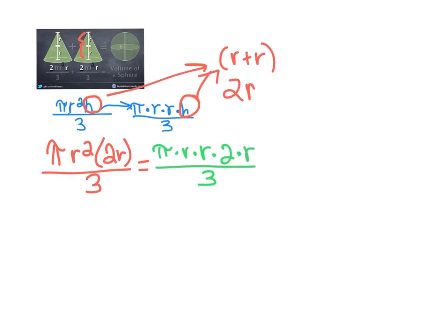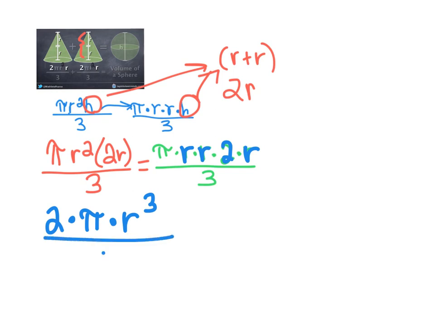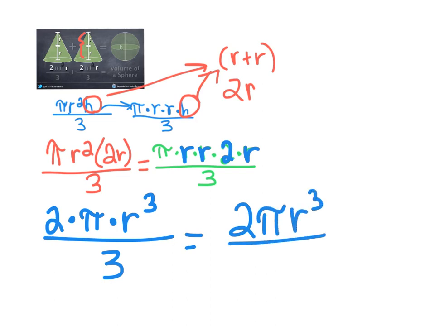We're going to choose the order where the coefficient, the 2, is in the front. So we have 2 times pi times, and then how many factors of r are being multiplied here? I have 3 of them. Remember our exponents. I've got 3 factors of r. That simplifies to 2 pi r cubed divided by 3.